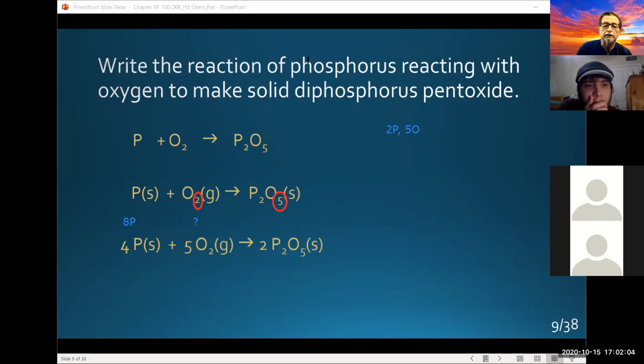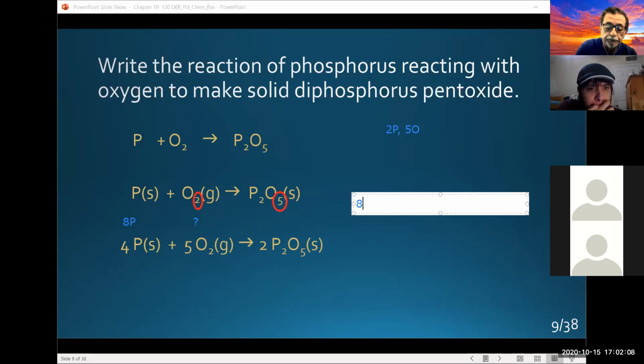Okay? But let me do it this way. If I start off with 8P, I need a conversion factor. That's my ratio. And the question is oxygen. Well, how many oxygens do I need? I don't know that. So that's going to be the numerator. Remember the conversion factors we did? So what is my ratio between oxygen and phosphorus? Isn't that 5? I'm just going to do O over 4P.